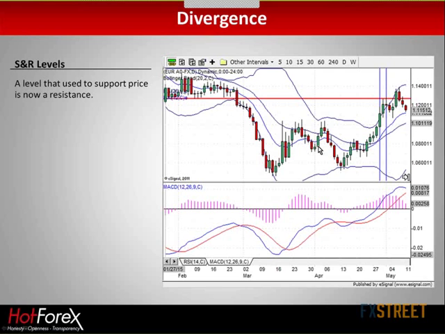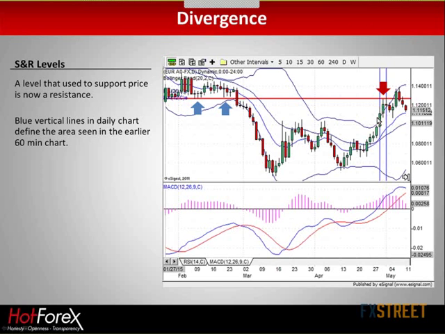And that leads me to the next very important point. This is one of the key takeaways from this webinar. Support and resistance levels. A level that used to be supporting price is now resistance. And these two vertical lines here basically define the area that we were looking at in the previous chart, the 60-minute chart.